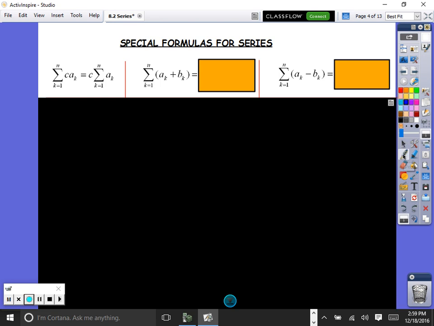So an example of that would be the sum of 1 to 10 of 6n. I could say that's the sum of 1 to 10 of n and 6 times all that. It would give me the same answer.